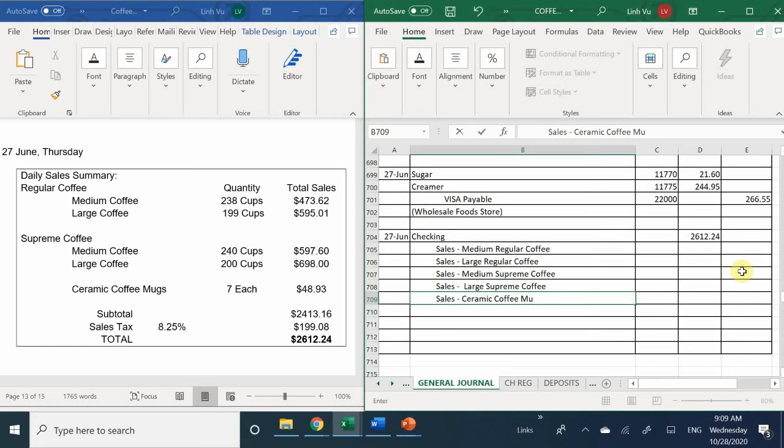You don't technically have to place it in order, as long as you have your debits in one section and your credits in one section. I just wanted to make sure you remember not to forget the coffee mugs. And then sales tax payable is next because we charge sales tax.